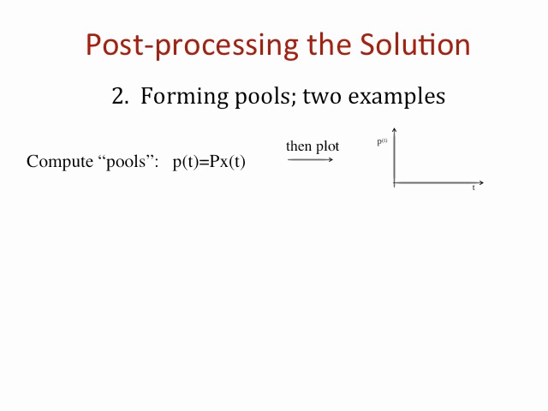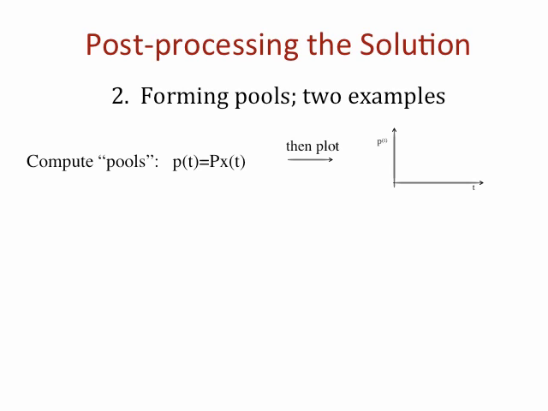The second example of post-processing the solution is to form aggregate variables. As we'll see, the pools are computed from the concentrations by a matrix P that is the pool transformation matrix. We'll talk much more about this matrix throughout the class.